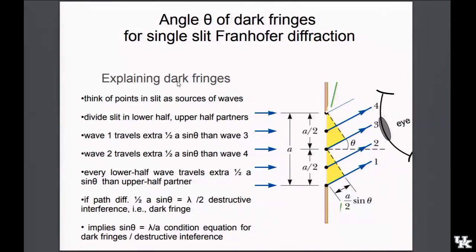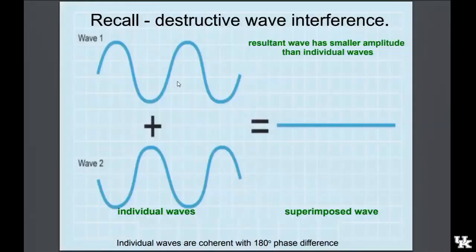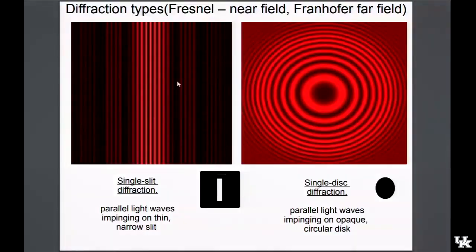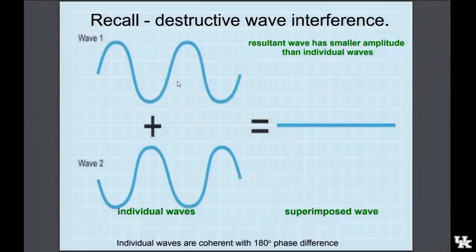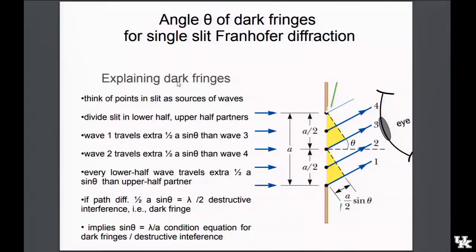Okay. So I'm going to explain how you get single-slit diffraction. That's what this slide is. Now I'm starting single-slit diffraction. We're going to spend maybe 20 to 30 minutes on single-slit diffraction, and then we're going to turn to multi-slit diffraction and spend a similar amount of time on that.